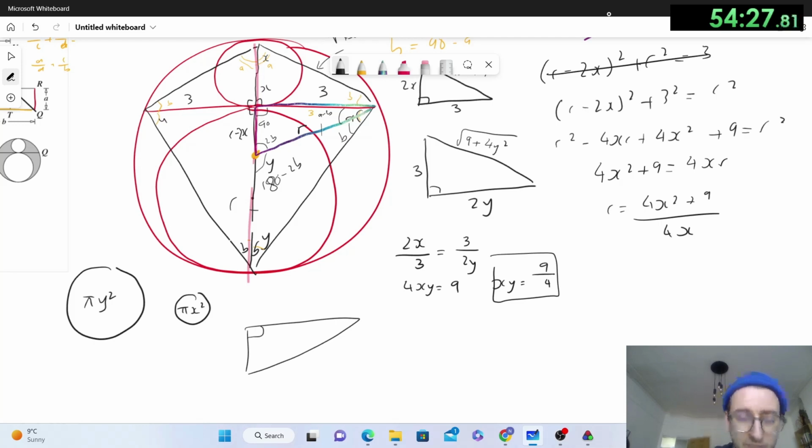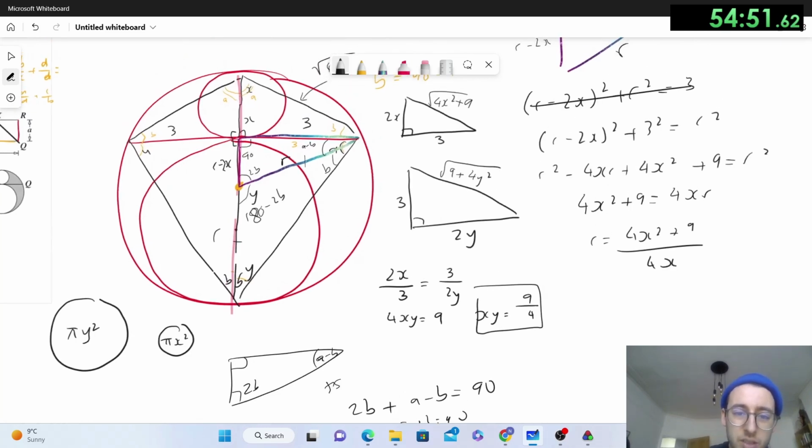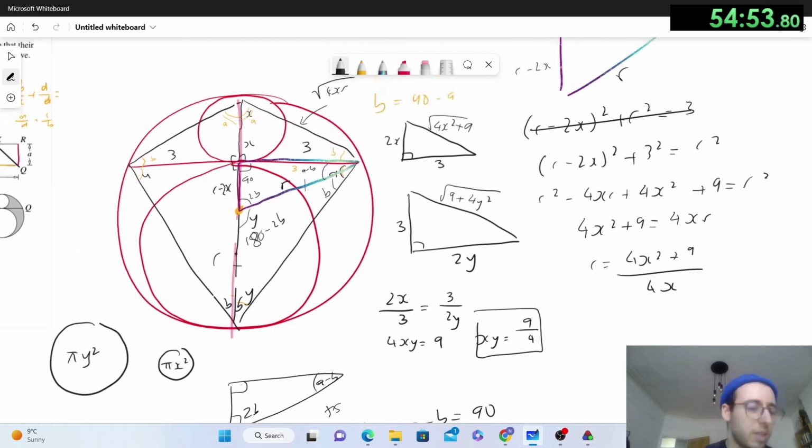I feel I'm going to get something silly. That's 2B, and that's A minus B. So that means I've got 2B plus A minus B equals 90. Obviously, I've just got A plus B equals 90. That's not helpful.